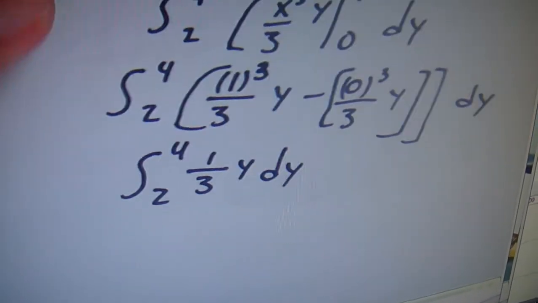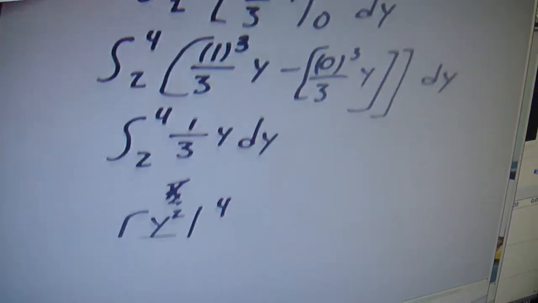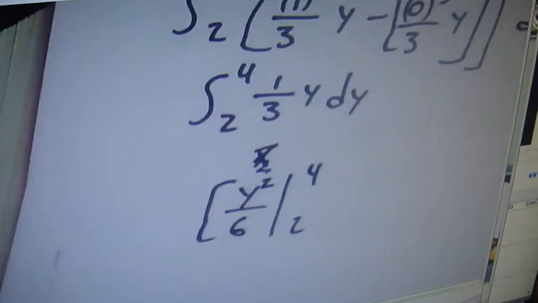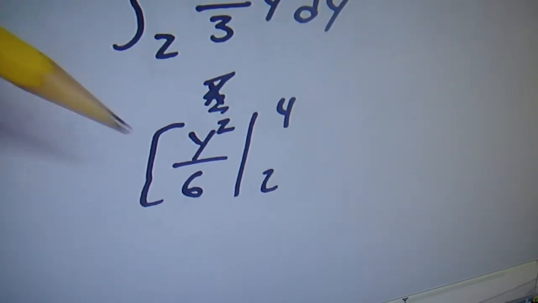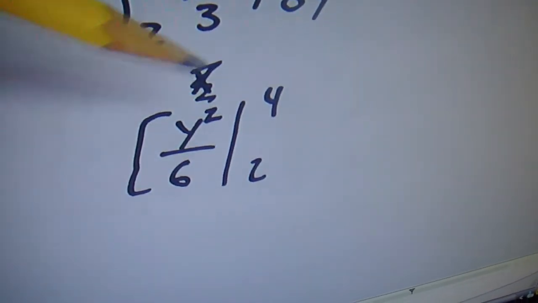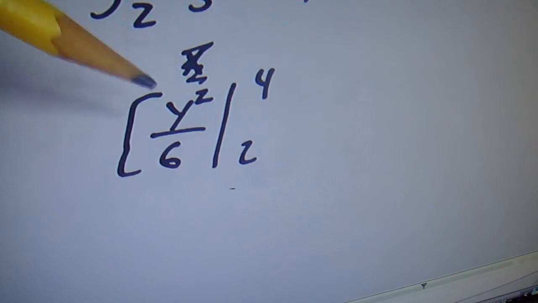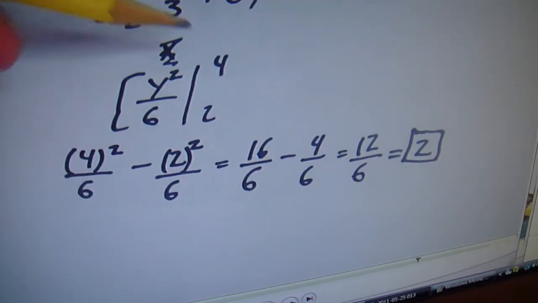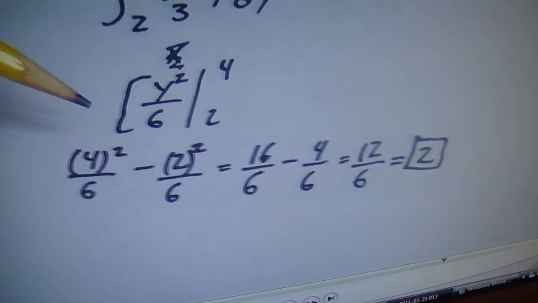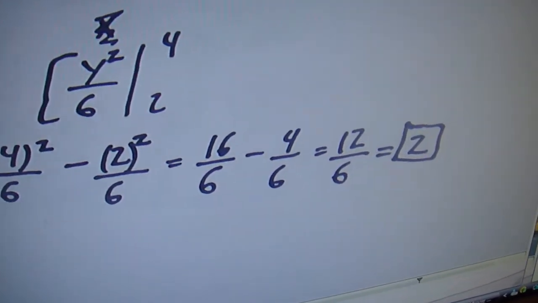And then now you take care of the y's because we are in respect of y. And then you make a mistake because that's what I do. And then you take the antiderivative, then you plug in the 2 and the 4 in the correct place, you subtract it out, and we get 2.